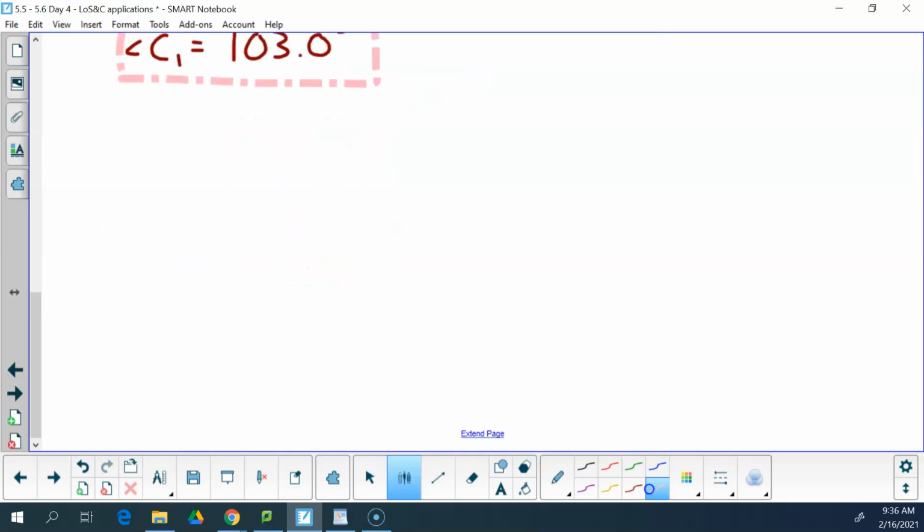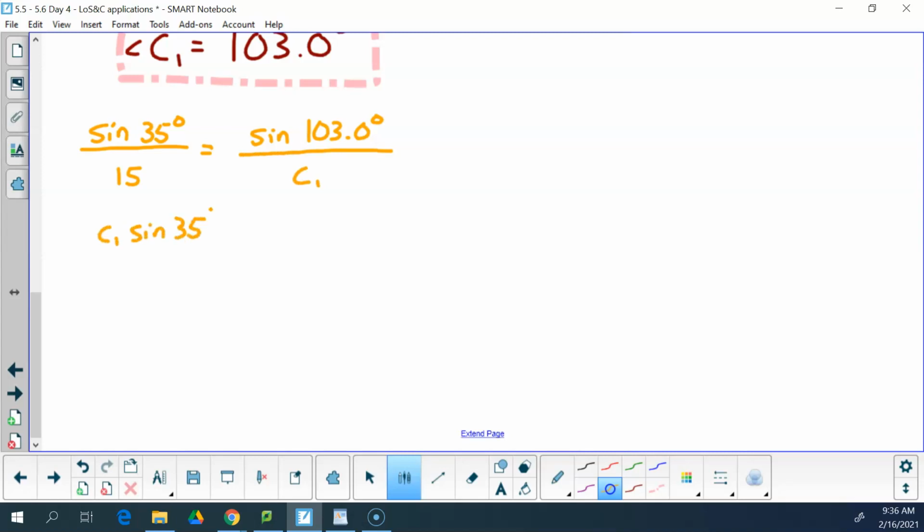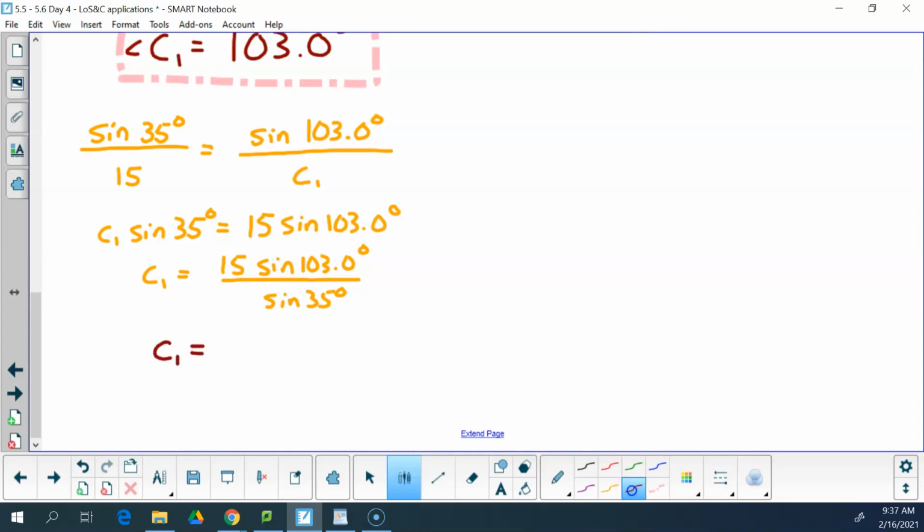Then I get side C sub 1 here is, I got 25.48.